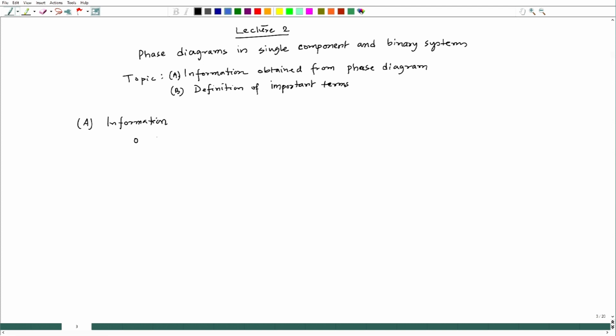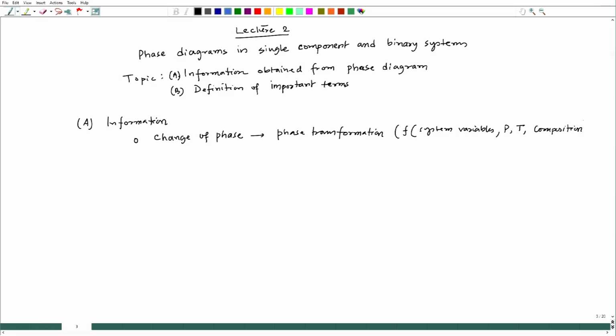one is change of phase, and that actually indicates phase transformation, and while understanding phase transformation, we can also see it is a function of system variables like pressure, temperature, composition.